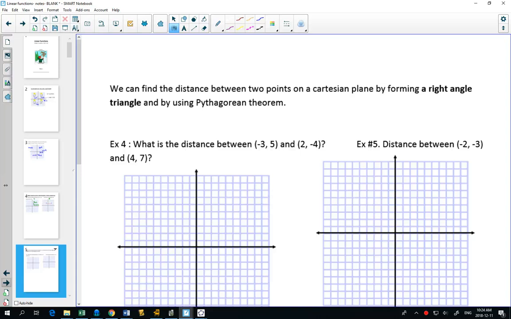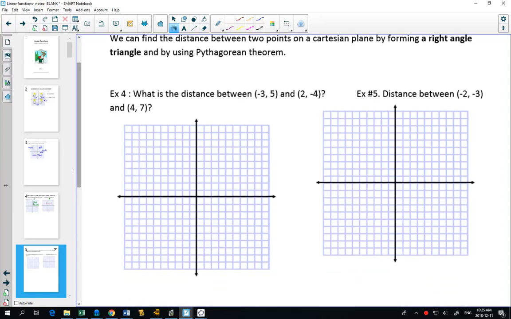But for the first one, we want to find the distance between negative 3, 5 and 2, negative 4. There's the point negative 3 comma 5, and here's the point 2 comma negative 4.